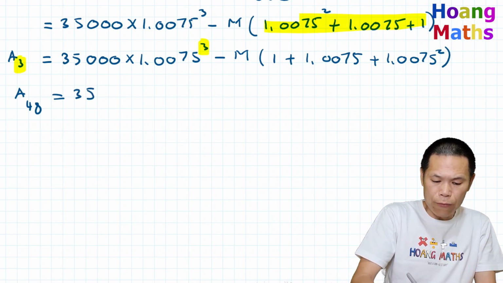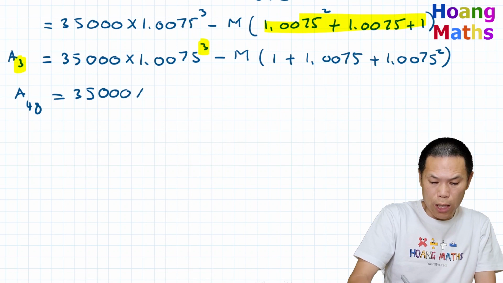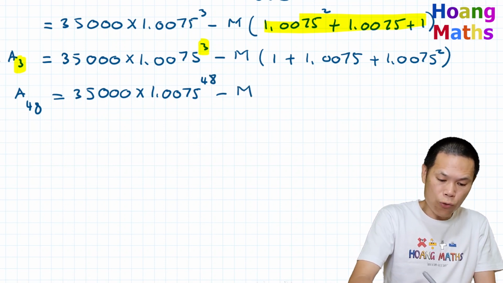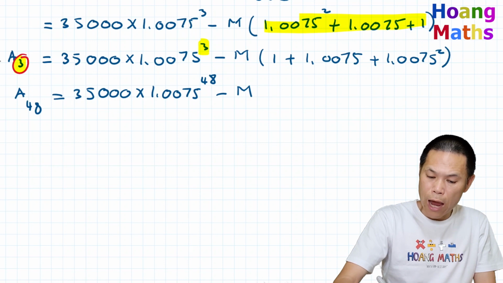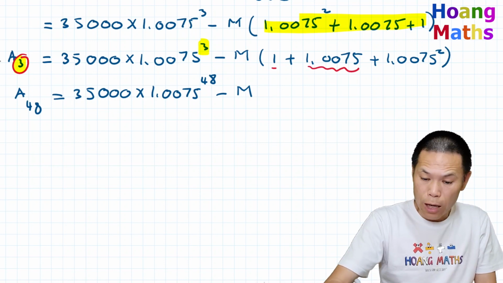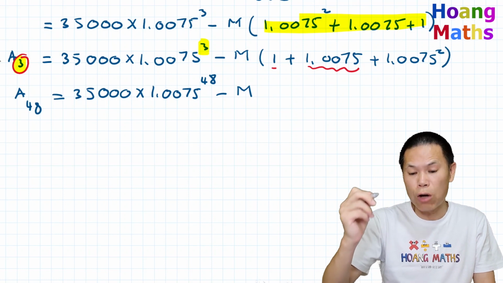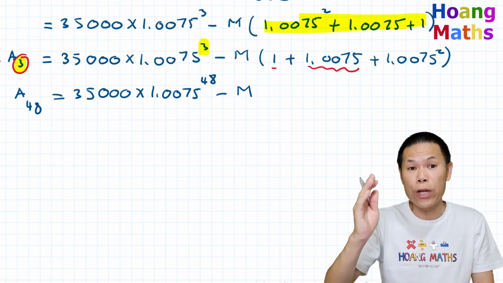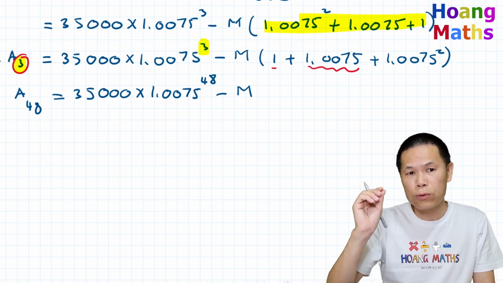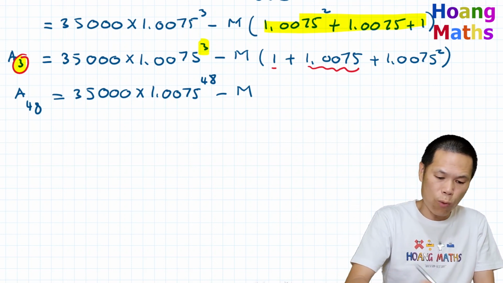So 35,000 times 1.0075 power 48 minus M. And we know that for A3 we have 1 plus 1.0075 and plus 1.0075 squared. So for A48 it should go all the way to 1.0075 power 47. Okay, one less.